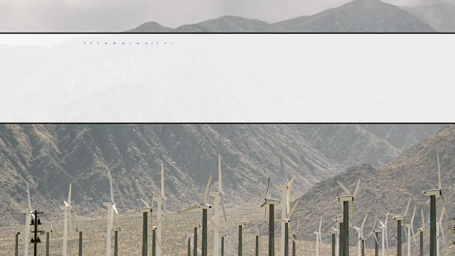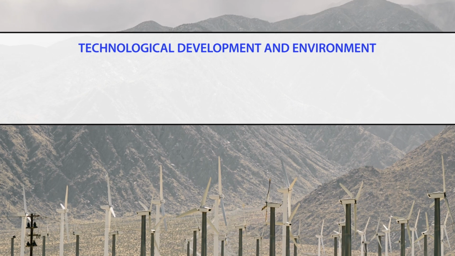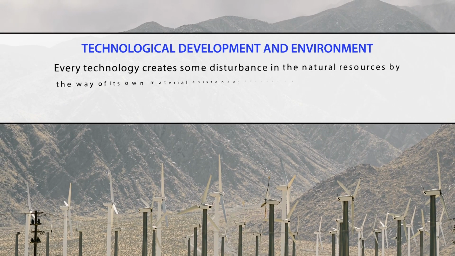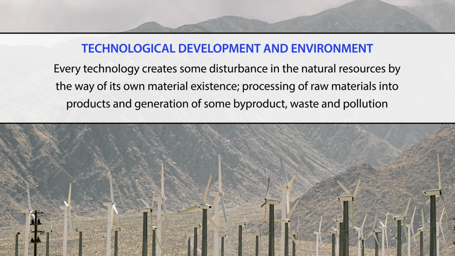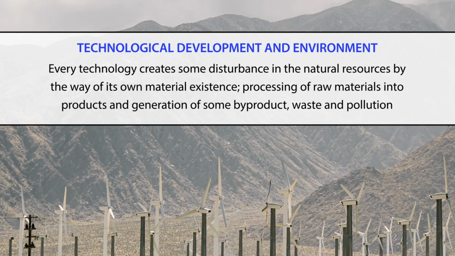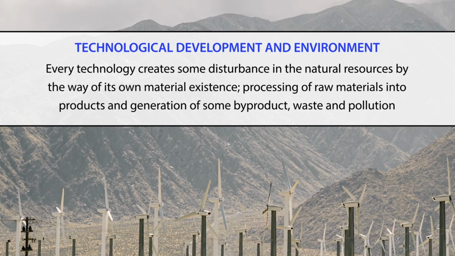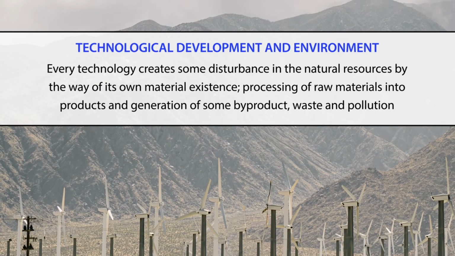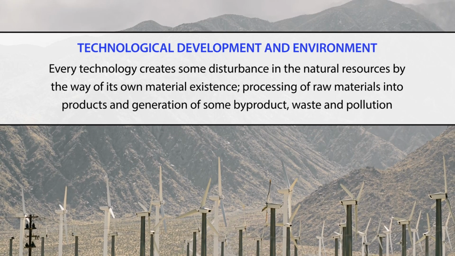Now, let us see how this technological development has impacted the environment. Every technology creates some disturbance in the natural resources, by way of its own existence or its own development. Right from processing of raw materials to generation of the finished products, the whole cycle produces some byproducts, waste and some pollution.